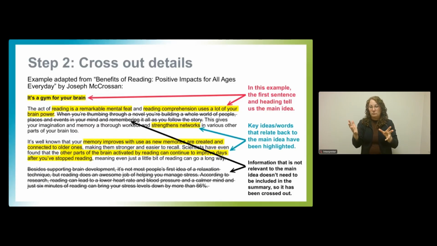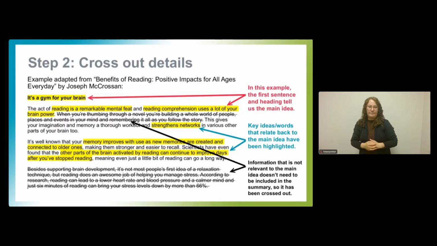And you can do this again when you're using an electronic version, or even if you have a pen and paper. Of course, you can cross out sections of the text that you decide to not include in your summary. And this will help you go through this process of deciding what is essential and what is not essential.